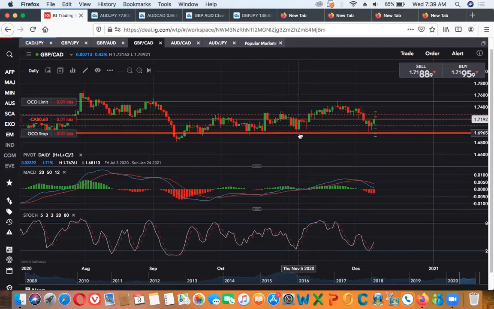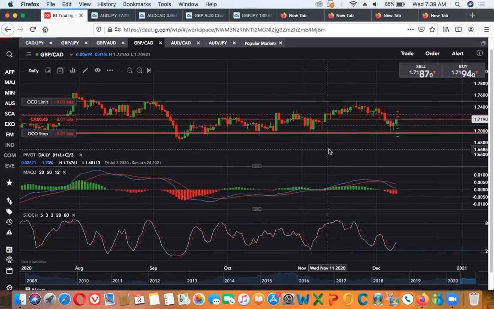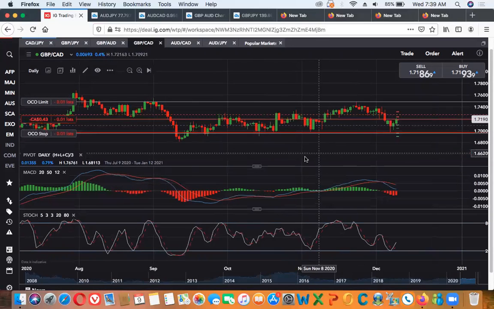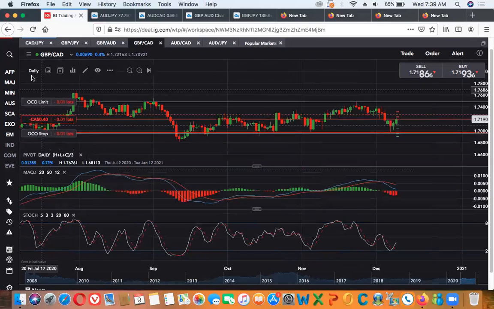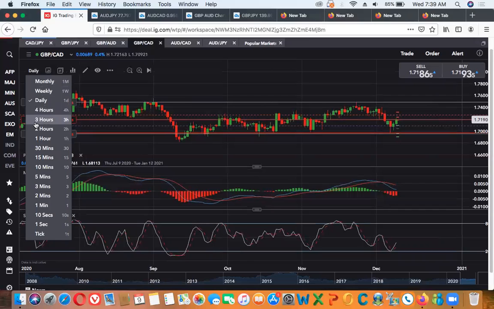This support level is the bottom of the zone, which will be your buy zone, and this will be a sell zone. So in the middle on the daily, it's a no trade zone, right? But we can see some other opportunities if we drill down in the shorter time frames.